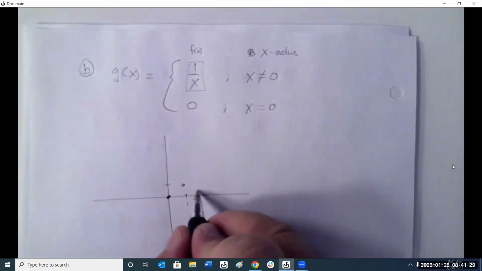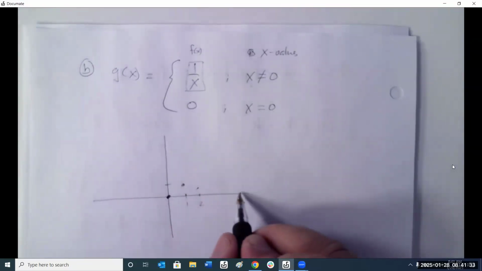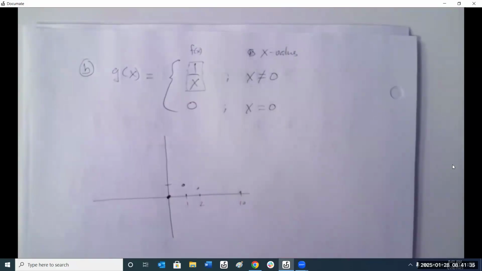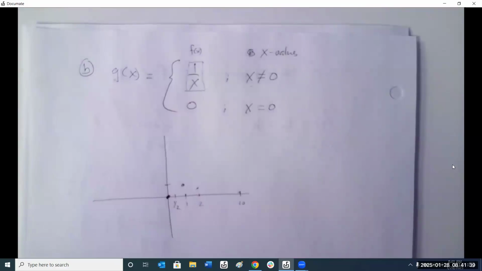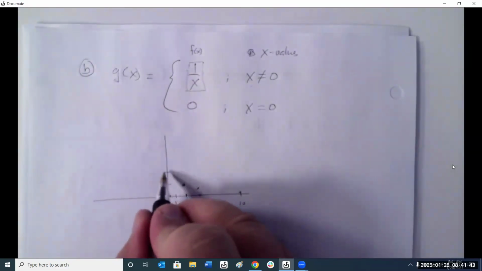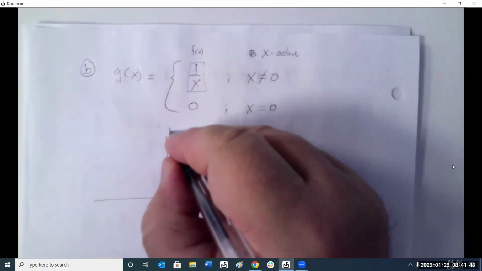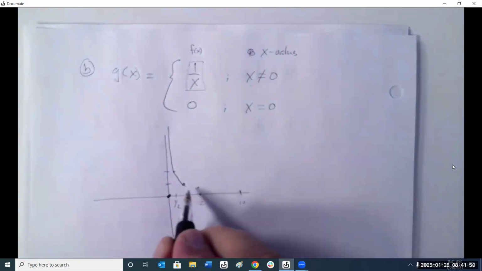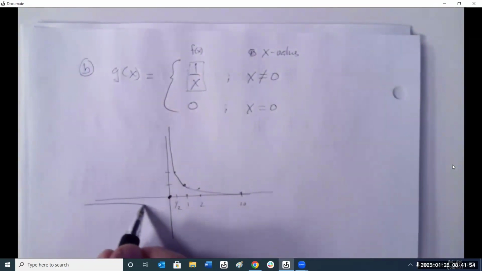A half. When x is 10, what do we get? 1/10. When x is a half, what do we get? 2. When x is a 10th, and negatives look like this.